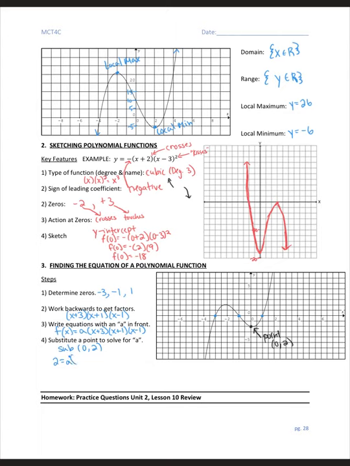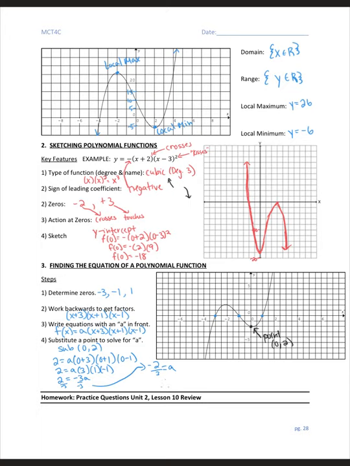And we're going to sub in a 0 for our x. So I have 0 plus 3, 0 plus 1, 0 minus 1. Okay, we multiply those together. 3 times 1 times negative 1 is a negative 3. And finally, we'll divide both sides by negative 3. So we'll have a negative 2/3 equals a.